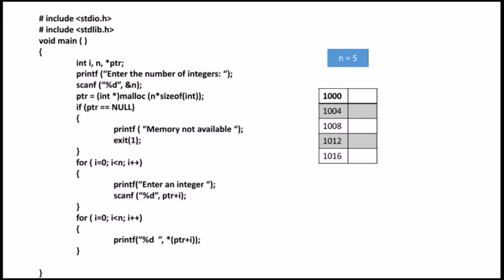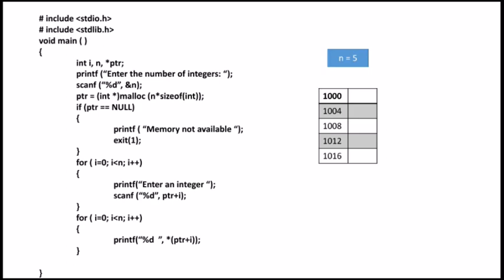So suppose an integer requires 4 bytes, then 4 into 5, that means 20 bytes are reserved for this particular block which starts from 1000, and in ptr the address of the starting block, that is 1000, will be stored.